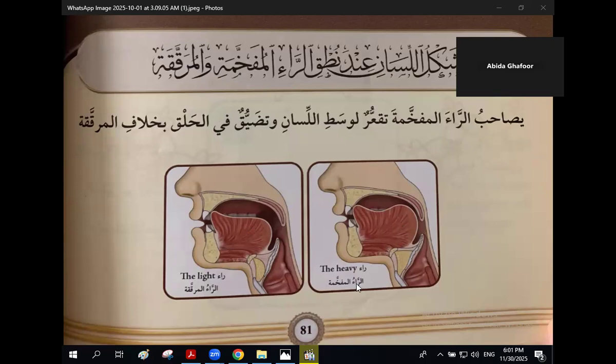Notice the difference: with ra mufakhama, the back of the tongue is raised and there is a curvature in the middle part of the tongue, while with ra muraqqaqa, or light ra, there is nothing like this. So pay attention, my dear sister, to the position of your tongue. Of course, this is a side-in picture, so nobody will say, see, here the tip of the tongue is making full contact.